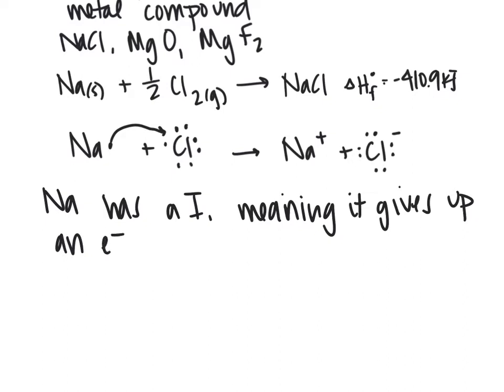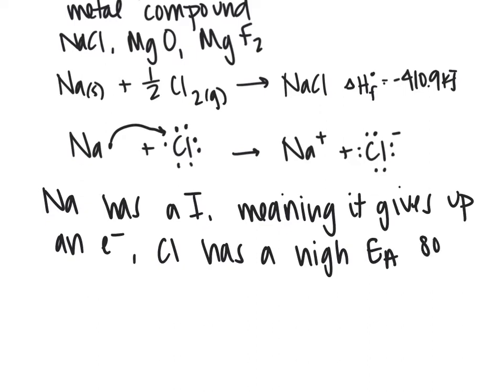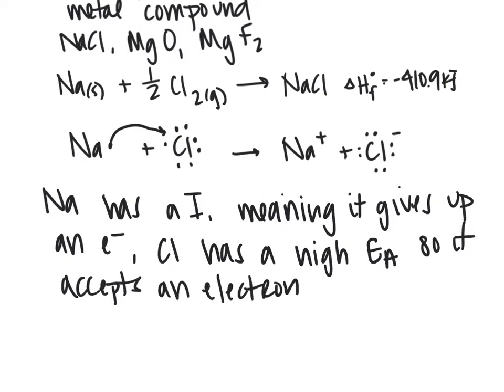So it's going to easily give up an electron, and chlorine has a high electron affinity, and so it readily takes one. Sodium readily wants to give up its electron, and chlorine is going to easily accept it.